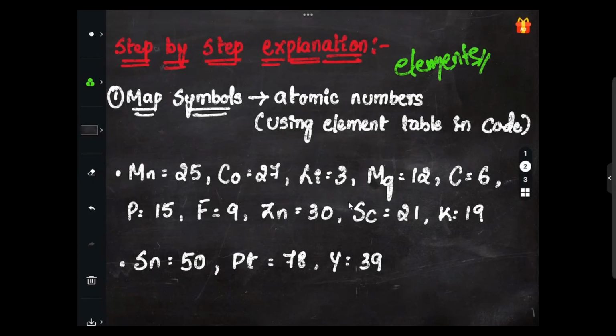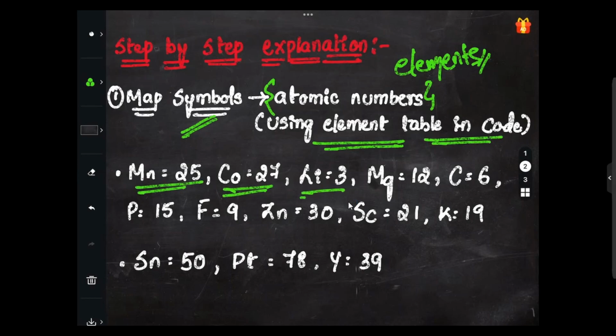This is fine. The first step is we have to map the symbols based on their atomic numbers using the element table in the code. So this one Mn is 25, Co is 27, Li, and we'll be mapping all the elements like this.